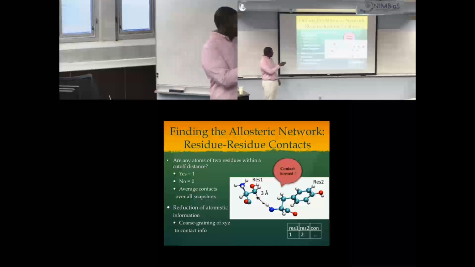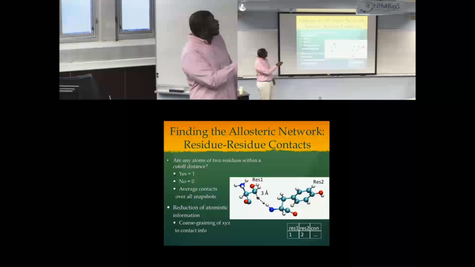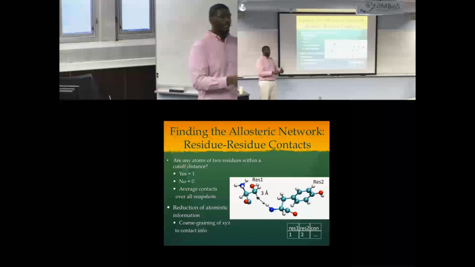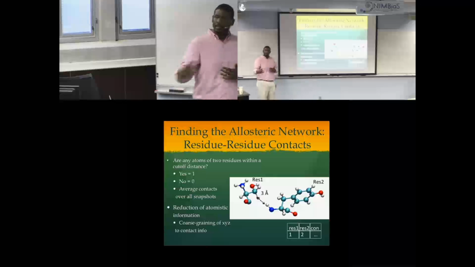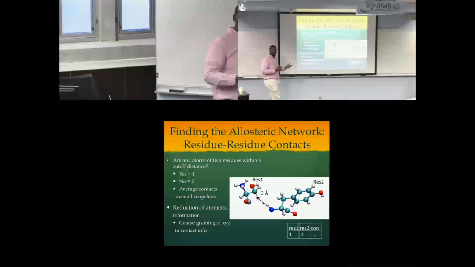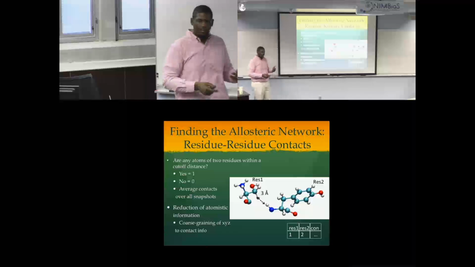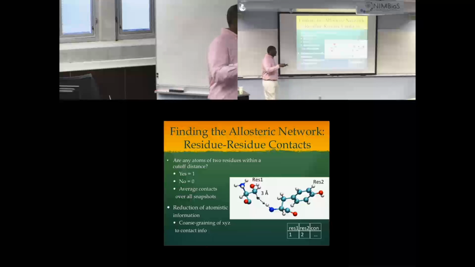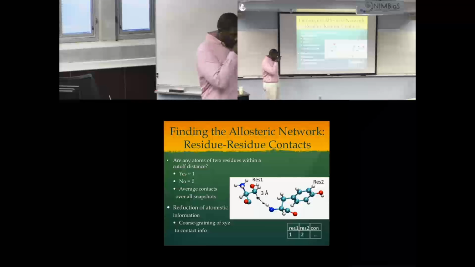So we say, if contact is formed, yes, 1. If no, then 0. So it's a binary type thing, right? And we're going to do this for every single residue versus every other residue for every single snapshot, and then average over all the snapshots to get an idea of how often those residues come into contact, which residues are important to convey or send information left and right, or between the two proteins, is what I'm trying to say.